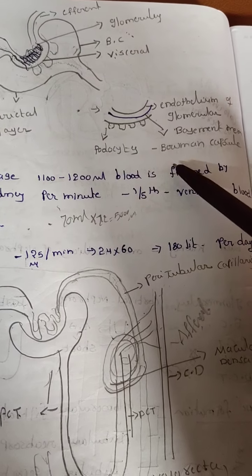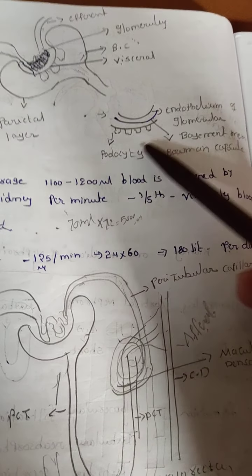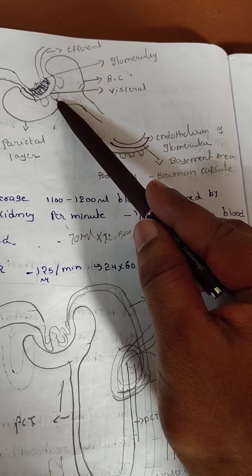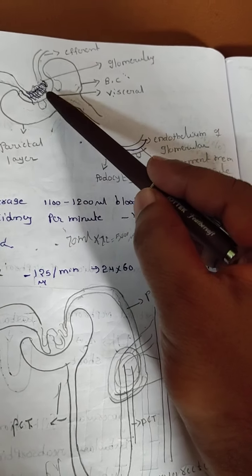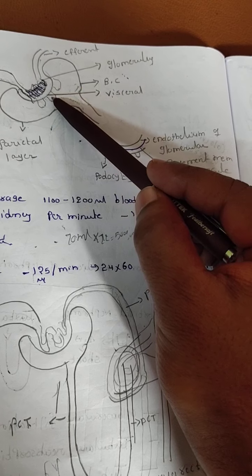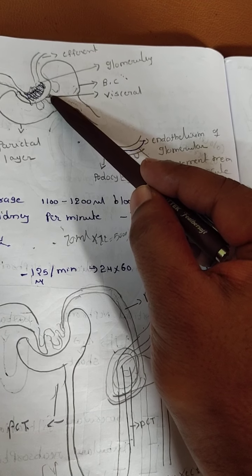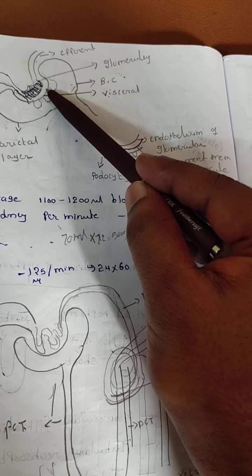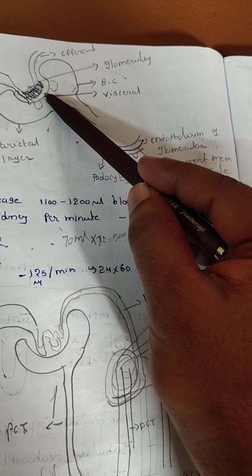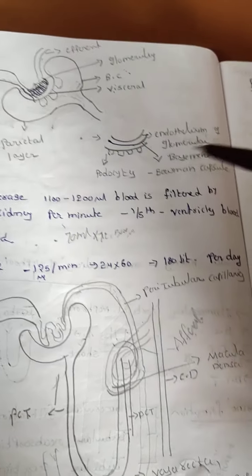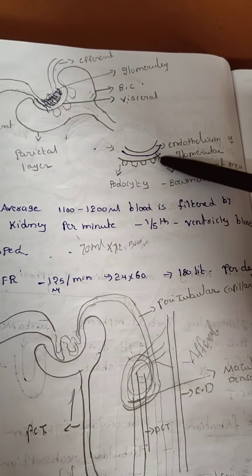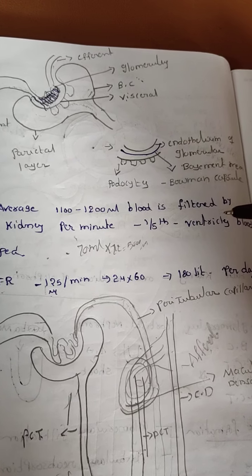Between the podocytes of the visceral layer and the glomerulus, there is a membrane called the basement membrane. Based on these three layers, filtration takes place.